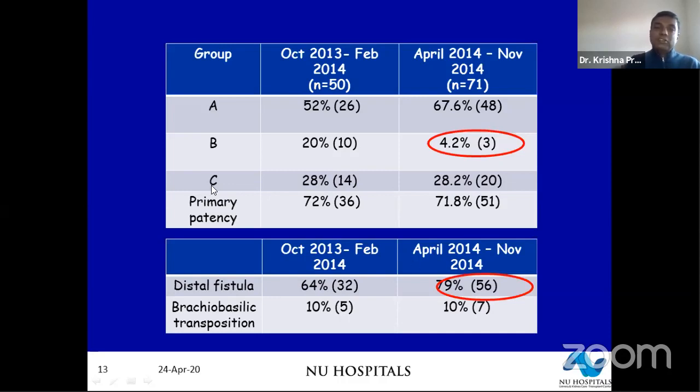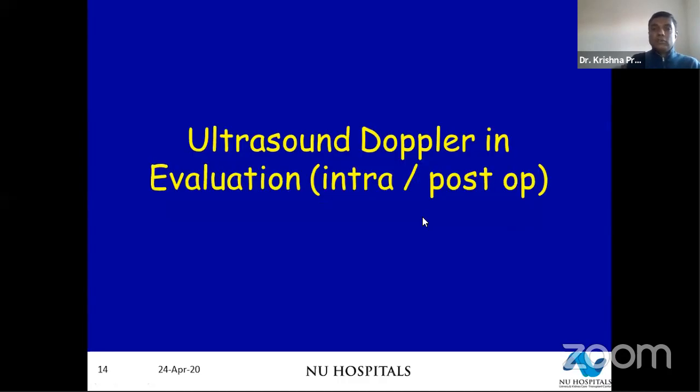And this is borne out, this just not our literature. If you go and look at literature even today, the very same thing is borne out. The KDOQI very clearly states no change in primary patency rates if you do a Doppler beforehand, but all ancillary procedures are reduced. So I hope this was not a small emphasis on the use of ultrasound.